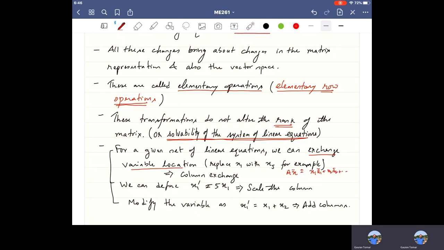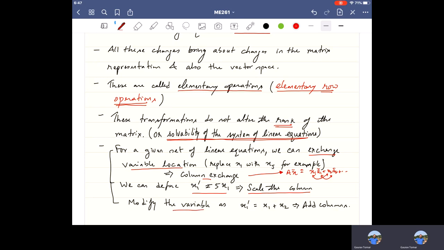So if I exchange two of these, I also have to change the corresponding x2 and x1, right, to get the same set of equations. So I can make the changes to columns also in the same way as I could change the rows, but then I have to keep in mind that I have to exchange the variable locations also. Okay, I can scale one of the variables, and the corresponding column will also get scaled.